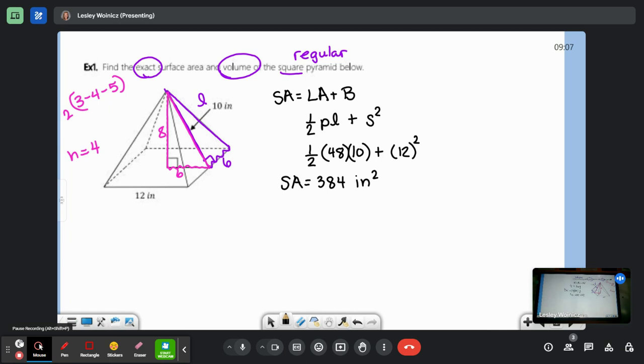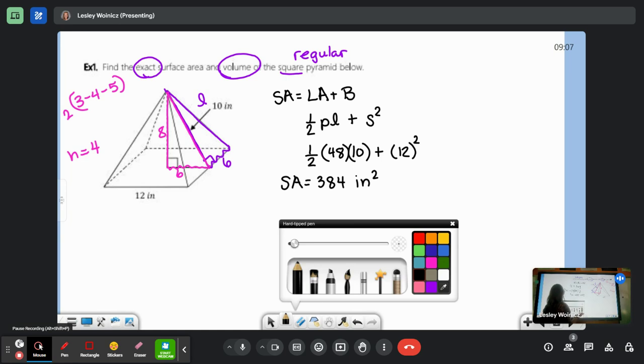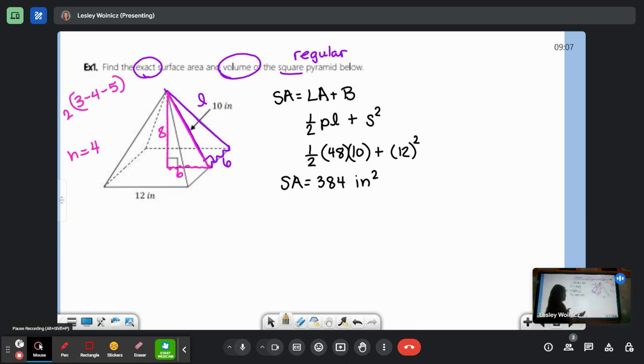All right, you guys ready for the volume? Okay, so my favorite thing to do is to forget the 1/3. So every time I do that, you guys can have a sucker. We'll see if that motivates me. All right, so the volume is going to be 1/3 times the area of our base times the height of our solid.